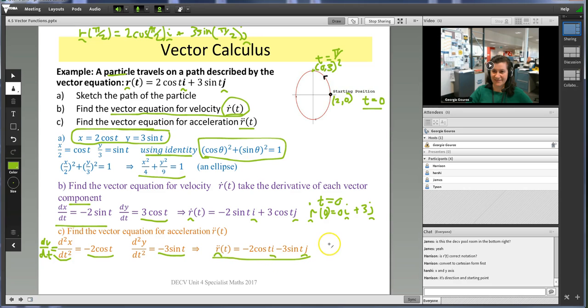So again, we can work out the acceleration at t equals 0. It's going to be -2i plus or minus 0j. So the acceleration is going in the negative direction.